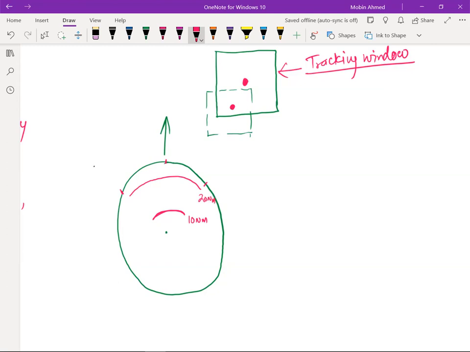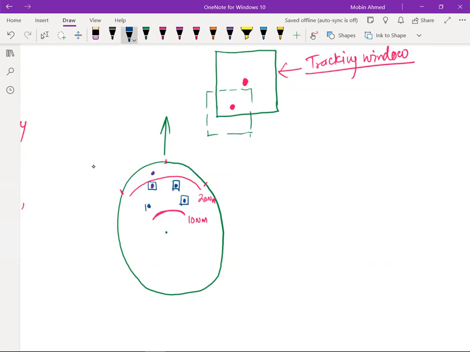So what will happen is that any target, suppose this is a target, if it is going to come here, automatically the tracking window will appear and the target number will be assigned. Whichever are the targets, they are going to have their own numbers.